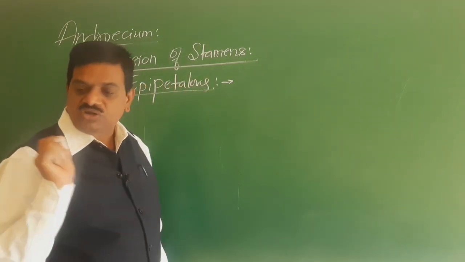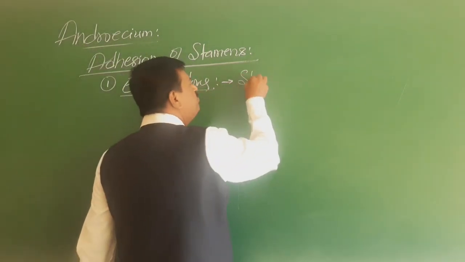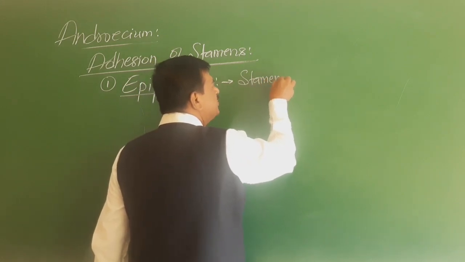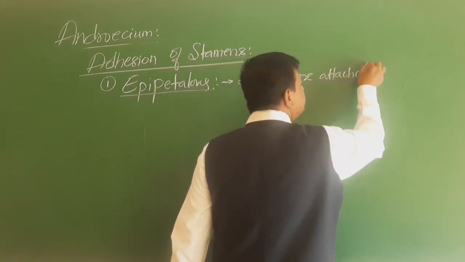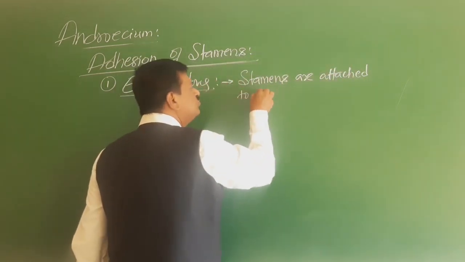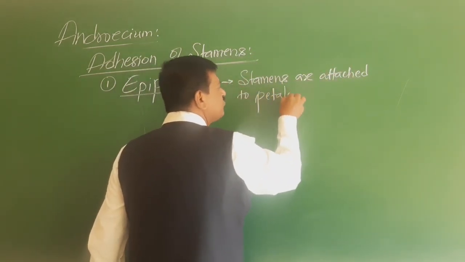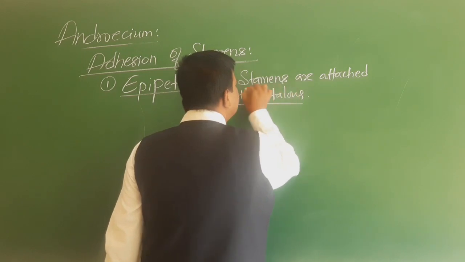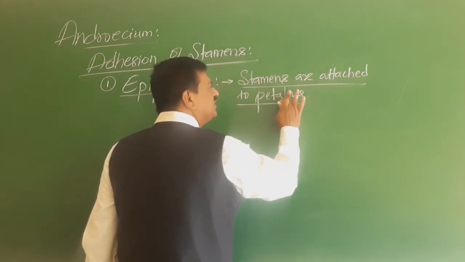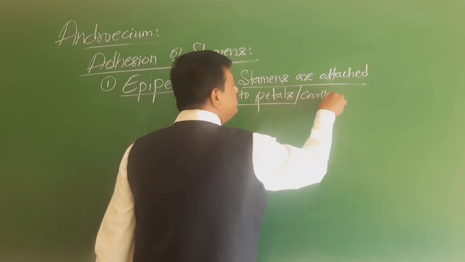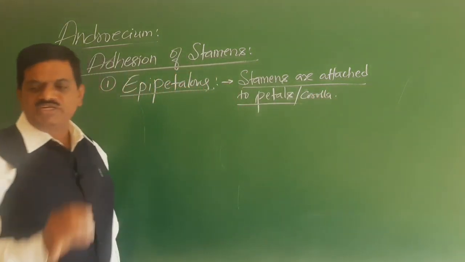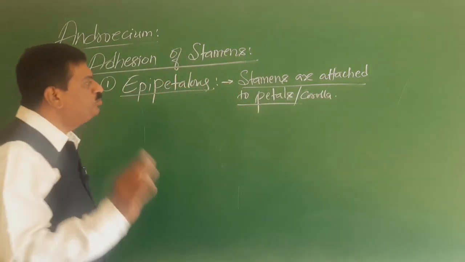The stamens are always attached to the petals. So here petals are nothing but corolla, and the stamens are attached to the corolla, hence they are called epipetalous.